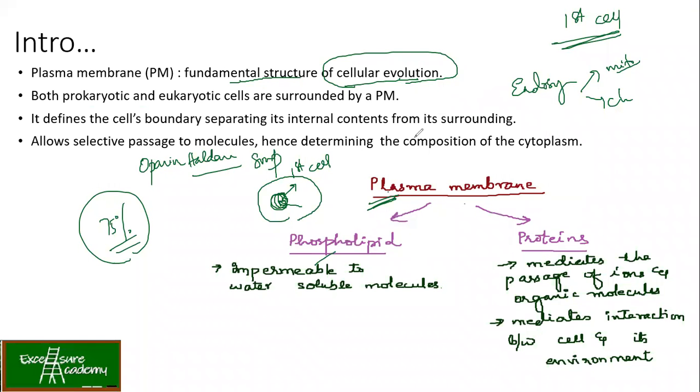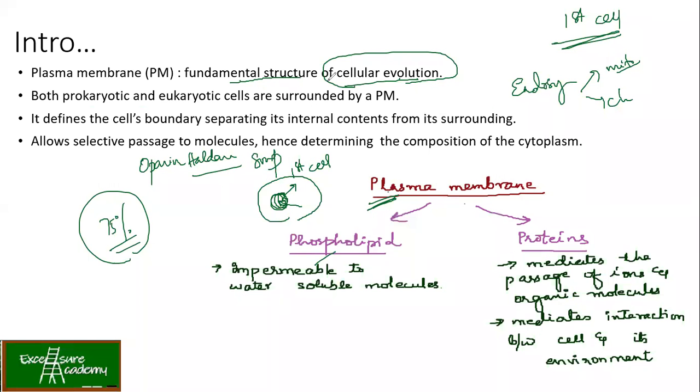Now we know that prokaryotes and eukaryotes are surrounded by the plasma membrane. This is important, as it defines the cell boundary, separating its internal contents from its surroundings.